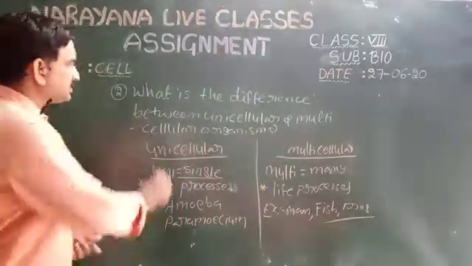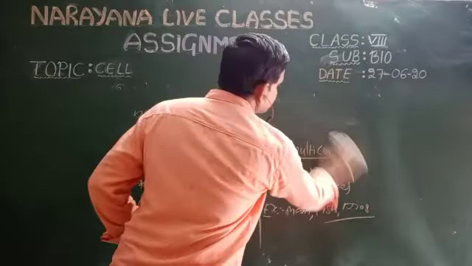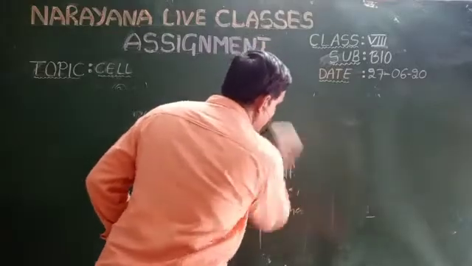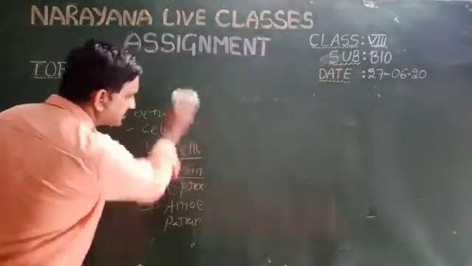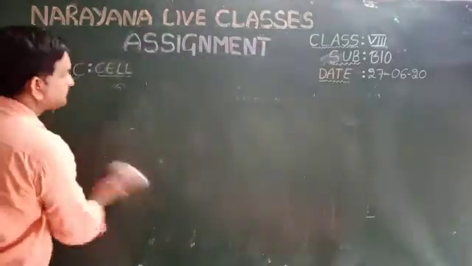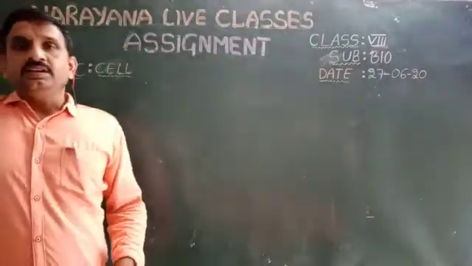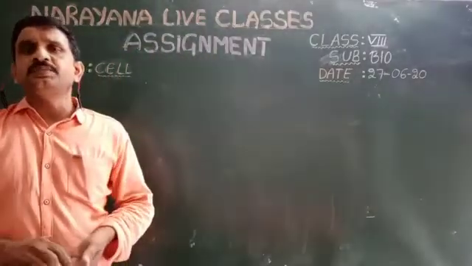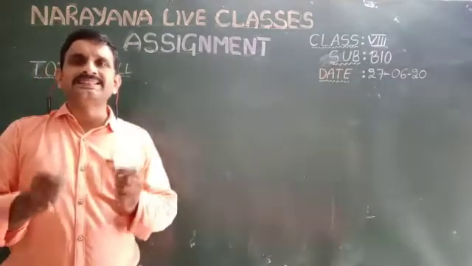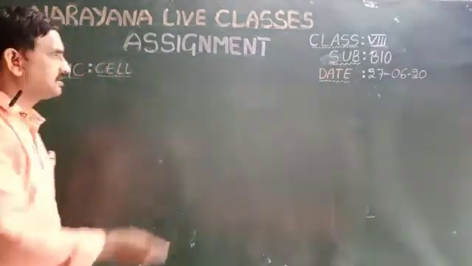And next, third question. Next we are going to discuss the third question. That is, what is the difference between onion peel and cells in spinach? That is our question.